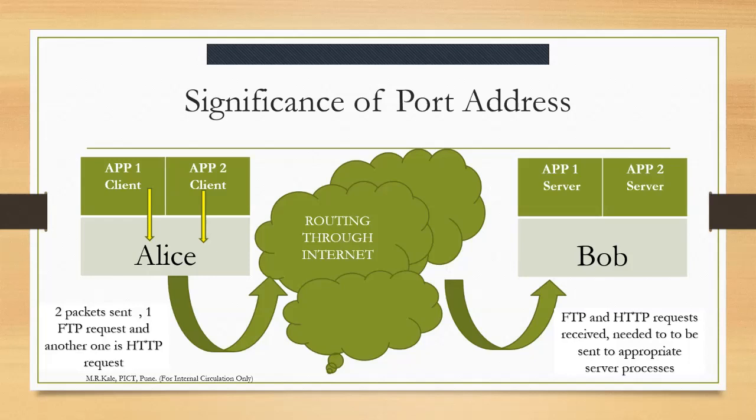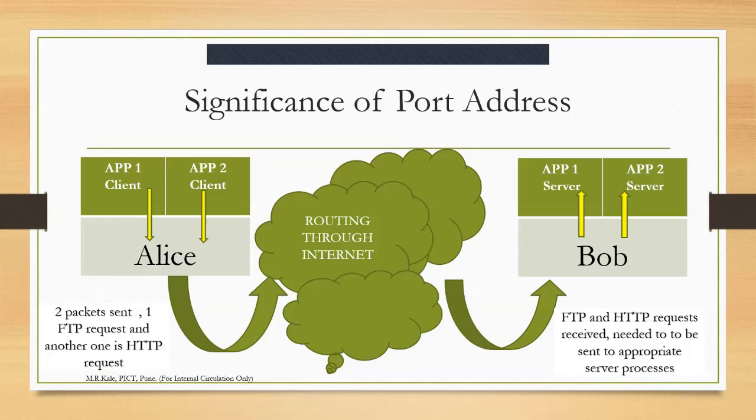Using the port addresses given in the data packet, which is received at Bob, Bob realizes that, okay, this port address belongs to app1 process. So let me deliver this packet to app1 and the other packet to app2. And so this is how the data packets are delivered not only to the host Bob, but to the appropriate processes that are running on that particular host.